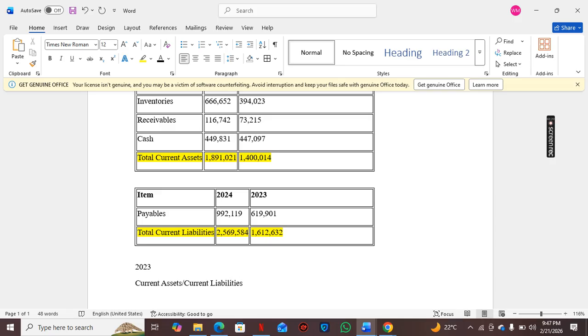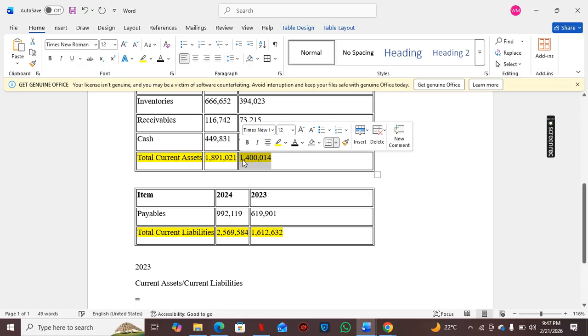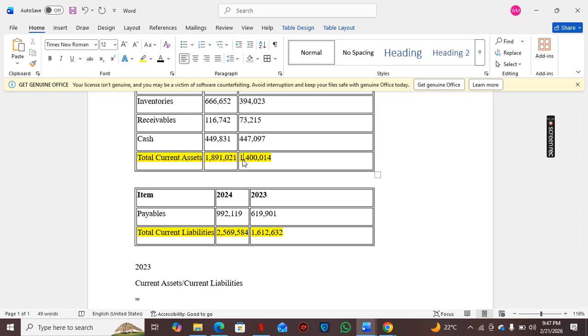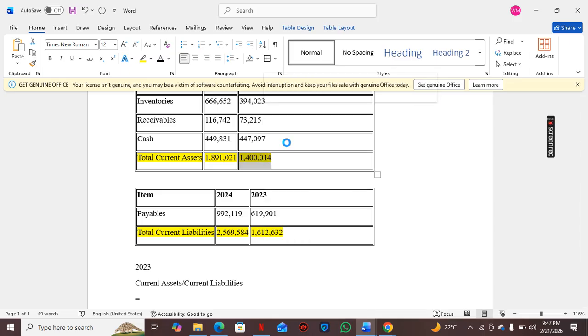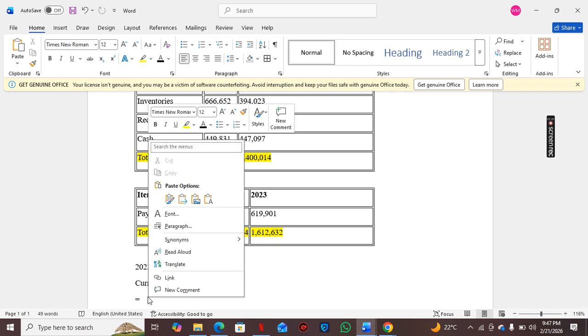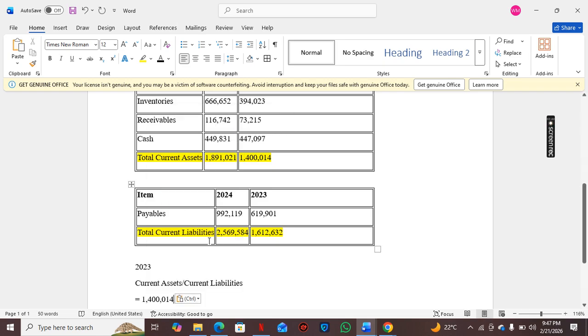The current assets for 2023 are 1,400,014, divided by the current liabilities, 1,612,632.